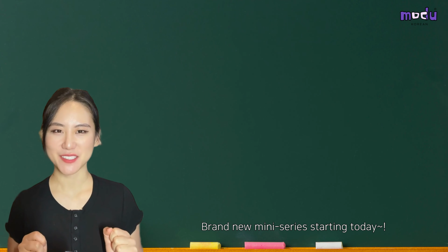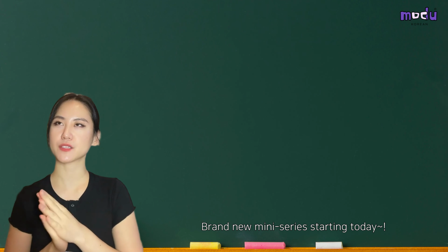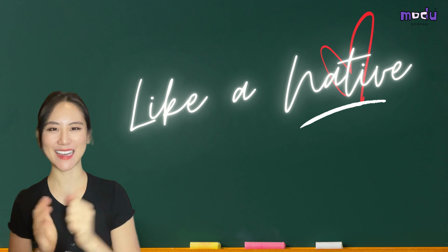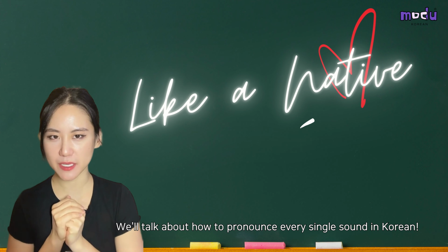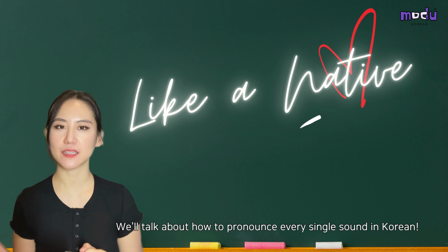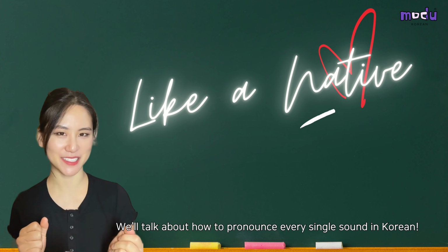We're starting a brand new series today, everyone, and we are going on a little journey that we're going to call Like a Native. This series is going to be on how to pronounce Korean characters and sound like a native.